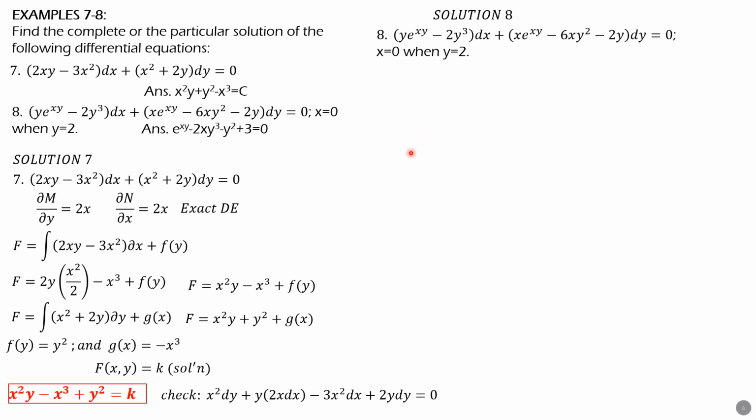So partial of M with respect to y is y e to the xy times x, then plus e to the xy minus 6y squared.